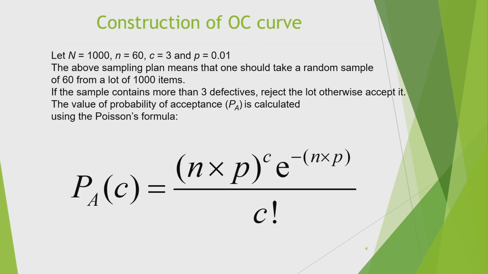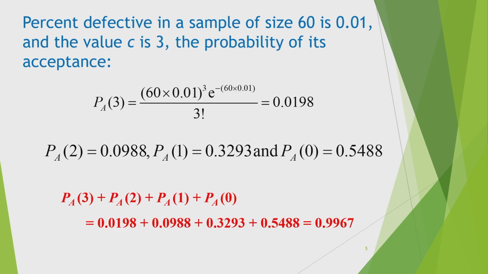So naturally the probability of acceptance will be the sum of cases: case 1 when there is 0 defect, case 2 when there is only 1 defect, then 2 defects, and then 3 defects, and summing all these probabilities you will get the probability of acceptance by this scheme. So the fractional defective in a sample of size 60 is 0.01. It can be expressed in percentage also.